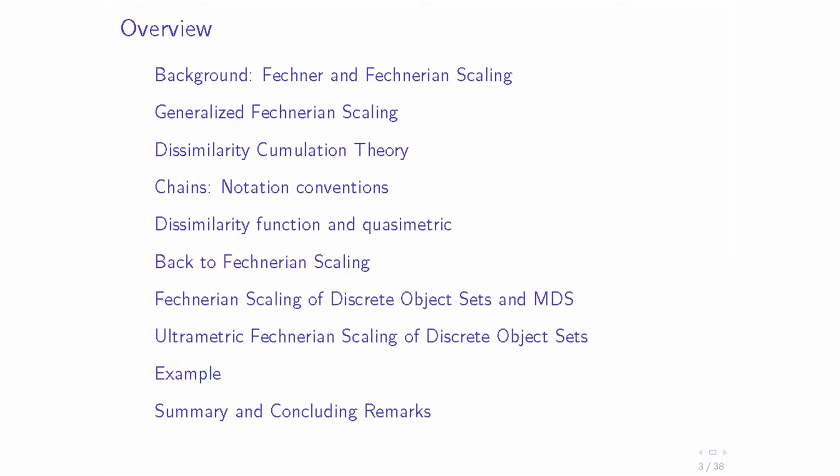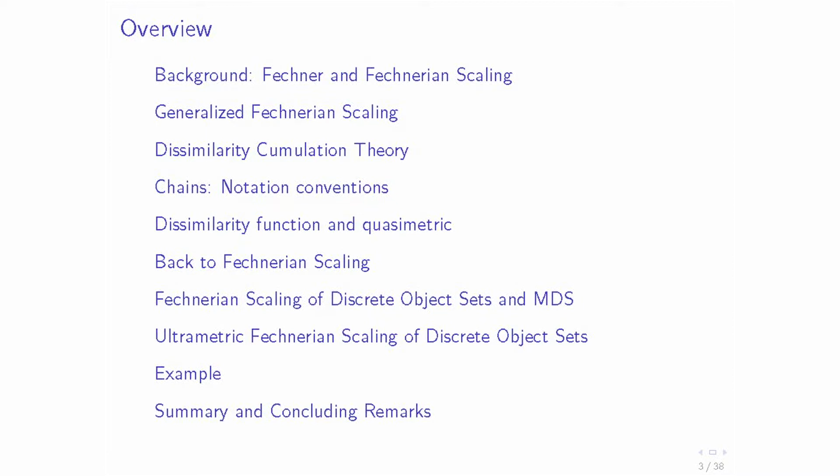I will start with a little bit of background on Fechner, then give you some basic ideas about how our Fechnerian scaling approach developed into generalized Fechnerian scaling, then the development of the dissimilarity cumulation theory, which is a much more general approach where the Fechnerian scaling is just one particular version of it. There will be some notations and some other concepts to be introduced.